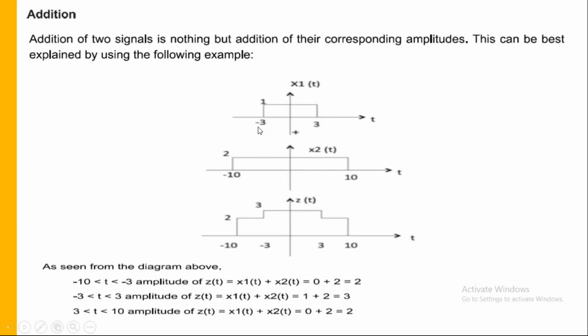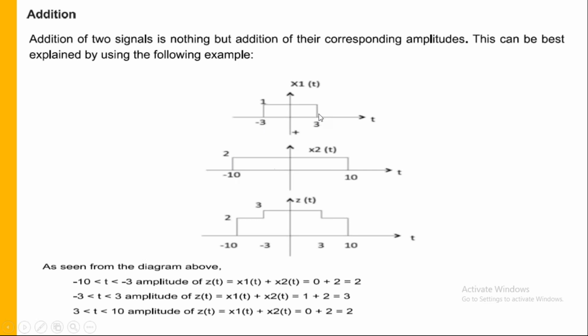From -10 to -3, you don't have any signal in x1 of t, so x1 of t is 0 from -10 to -3, whereas x2 of t has an amplitude of 2 up to -3. From -10 to -3, the amplitude of z of t is x1 of t plus x2 of t, but x1 of t is 0 there.